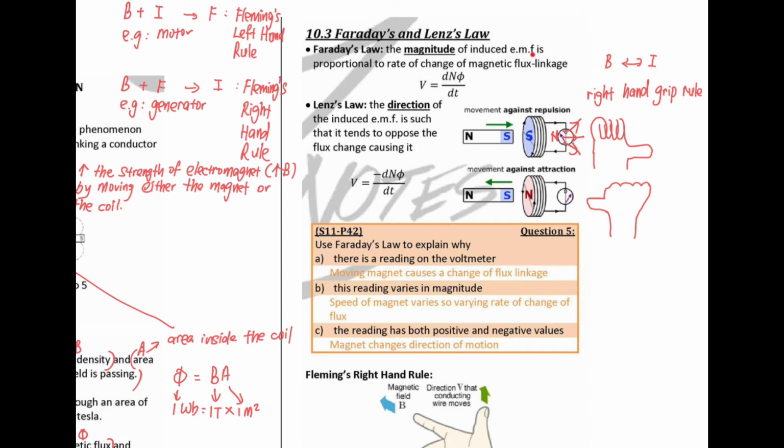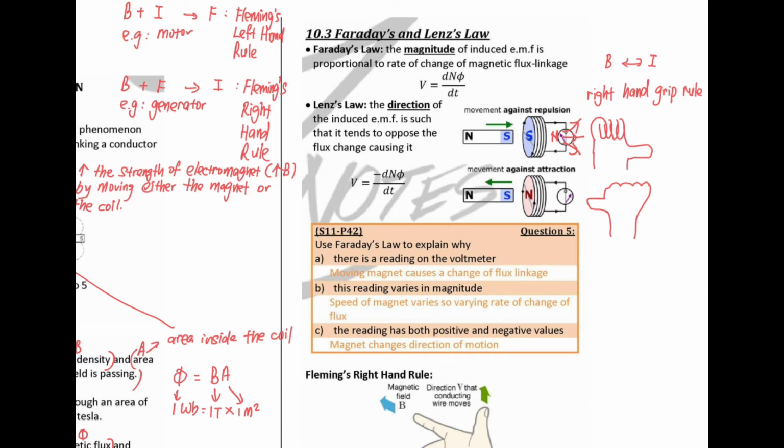the law says it is about the rate of change of magnetic flux linkage. That means how fast you move your magnet and cut the coil, so you have to say it that way. So the answer: moving magnet causes a change of flux linkage. So what is flux linkage again?